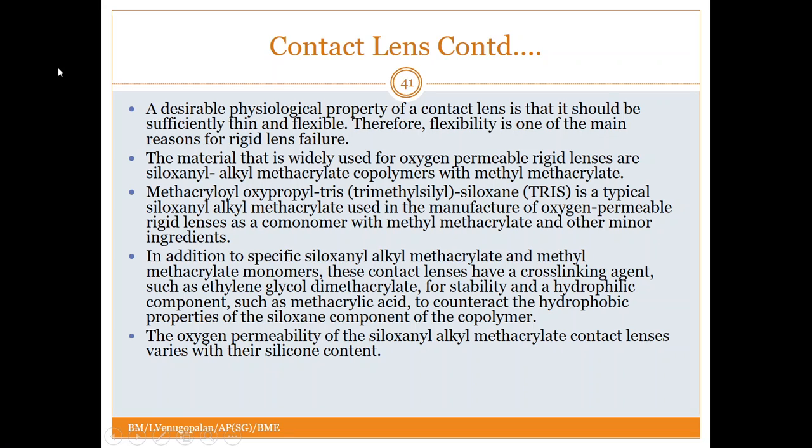Now, the material that is widely used for oxygen permeable rigid lenses are siloxyl alkyl methyl acrylate copolymers, and these have methyl methacrylate in them as well. So, you have methacryloyl oxypropyl tris siloxane, or it is also called TRIS, and it's a typical siloxyl alkyl methyl acrylate used to manufacture oxygen permeable rigid lenses, and it has the co-monomer as methyl methacrylate and other minor ingredients.